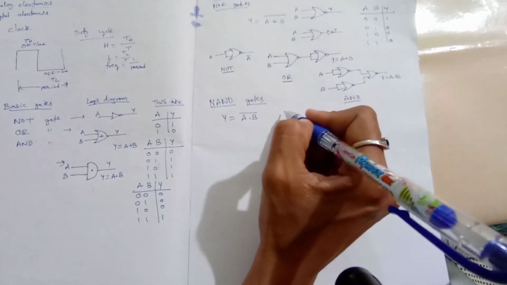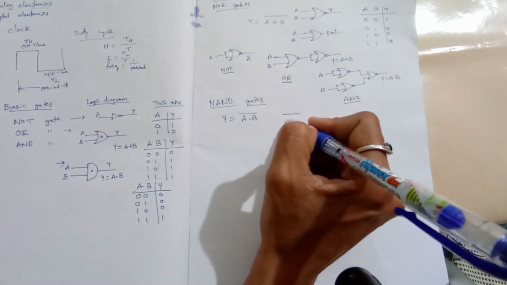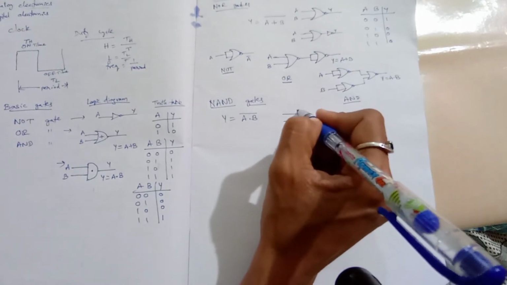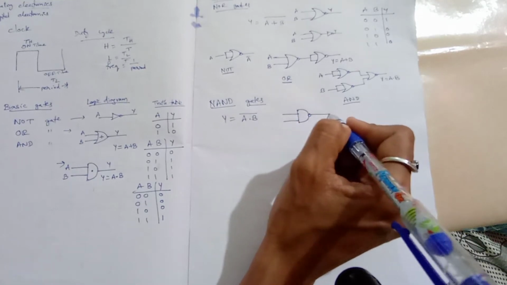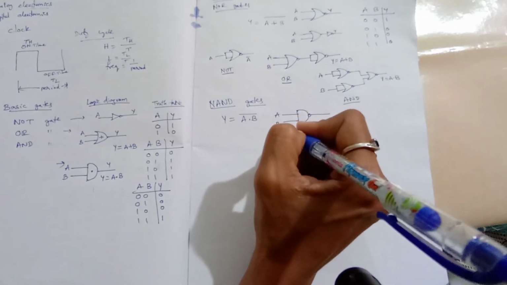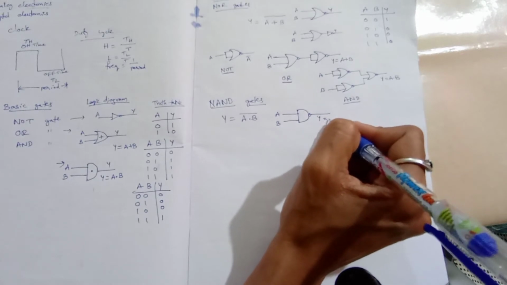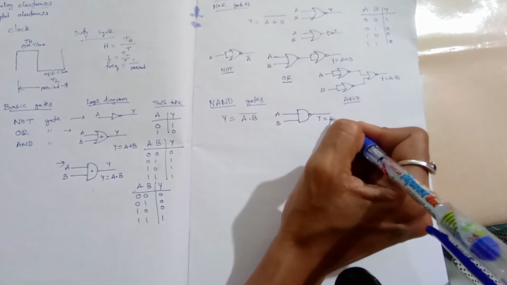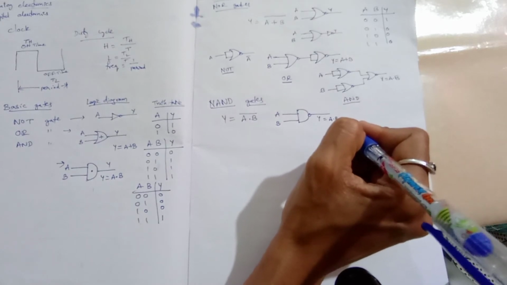The symbol is, that is logic diagram, two inputs and with bubble, A, B, Y is equal to A dot B whole bar.